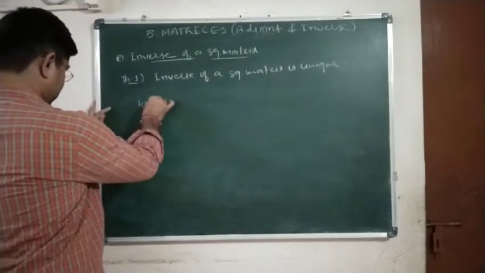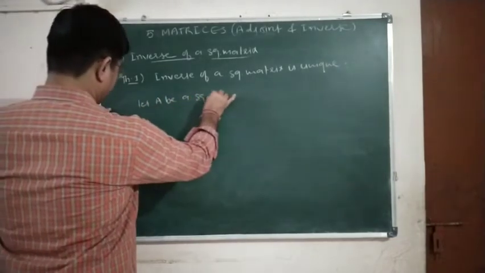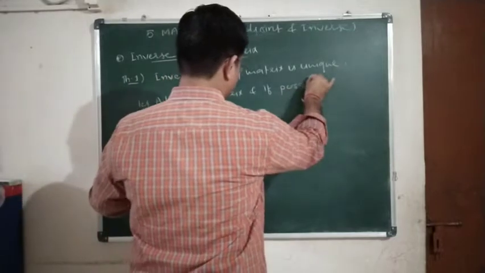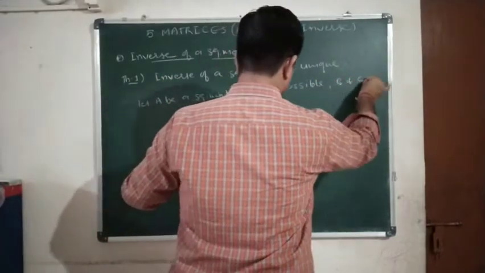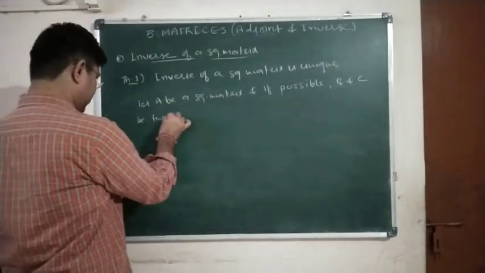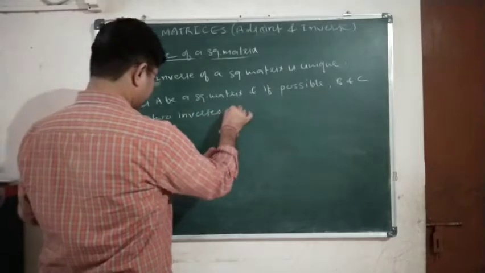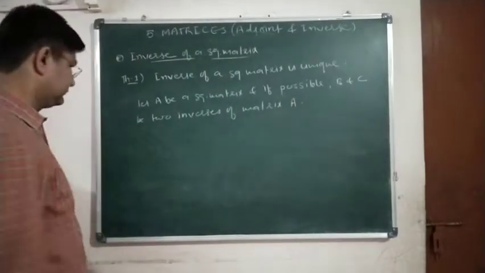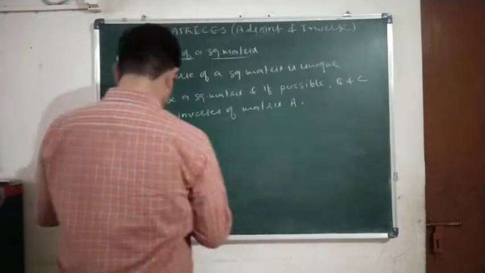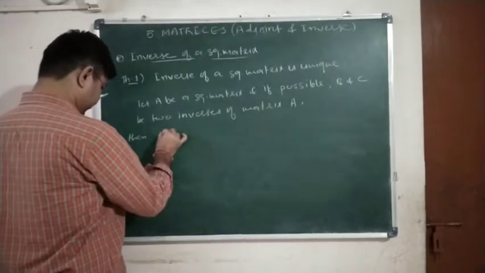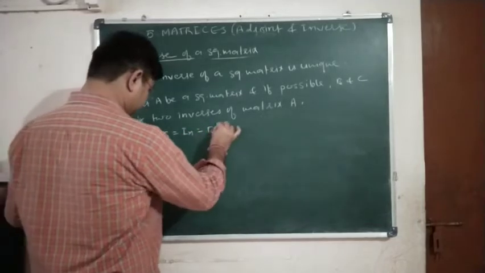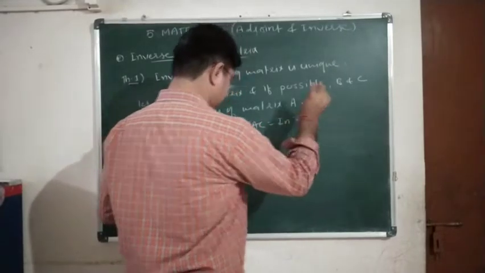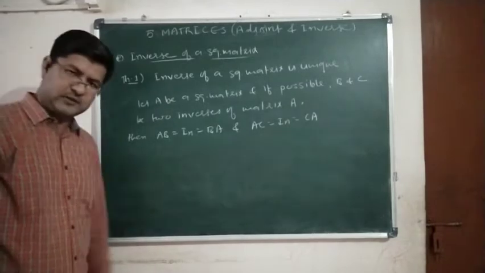Let A be a square matrix, and if possible, let B and C be two inverses of matrix A. Then AB is equal to In is equal to BA, and AC is equal to In is equal to CA. This we can write by definition, as we have seen just before this.